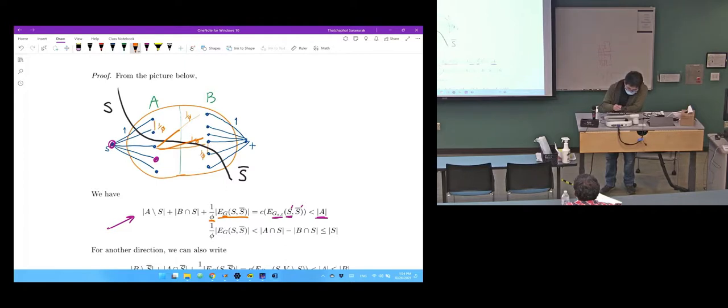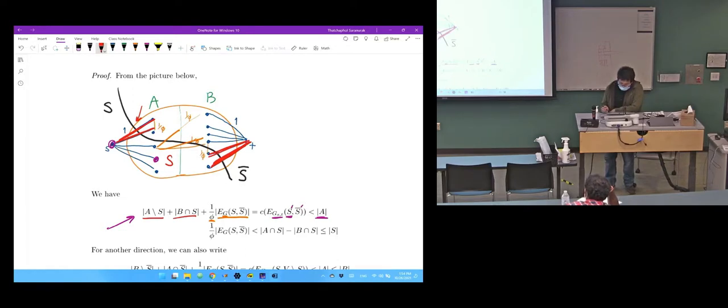And then it also consists of this edge and this edge. This one is just the size of A minus S, and this thing is B intersect S.